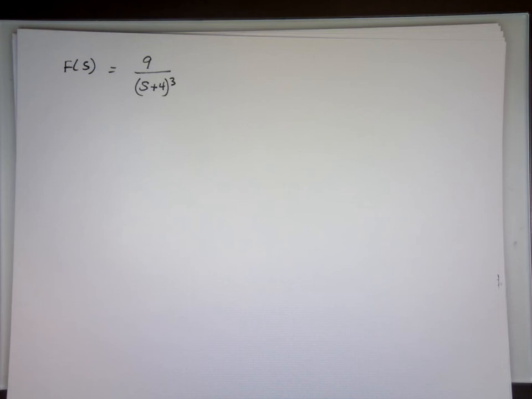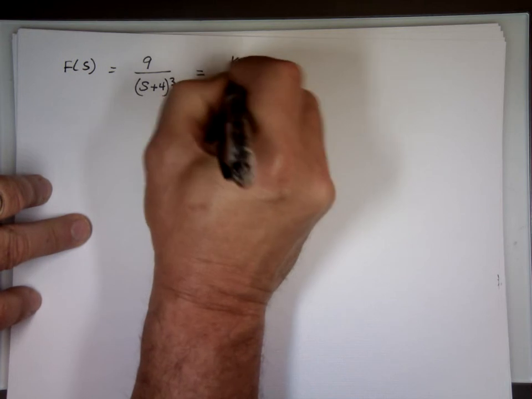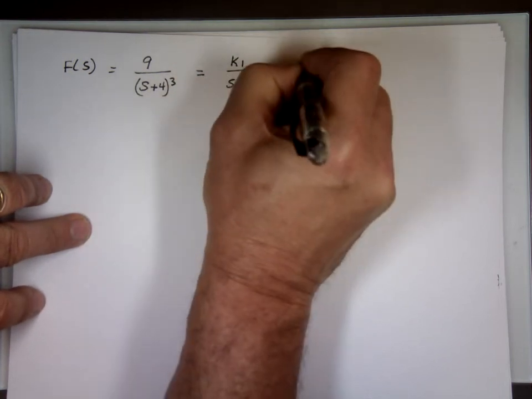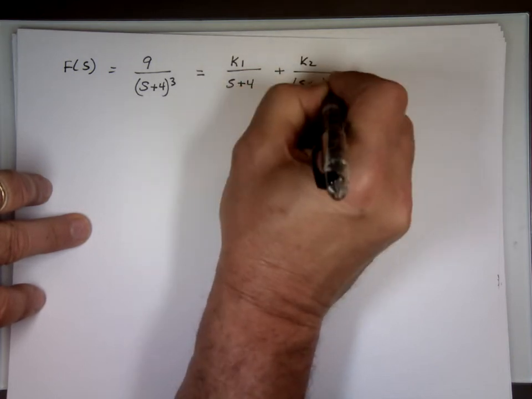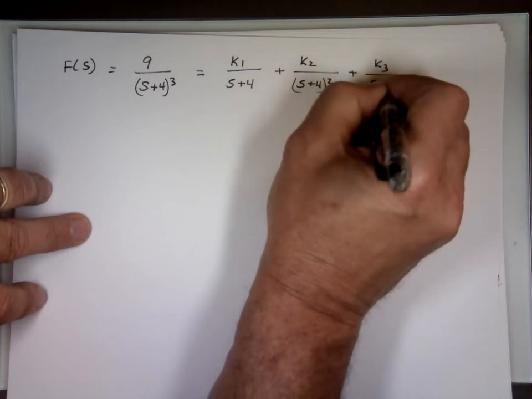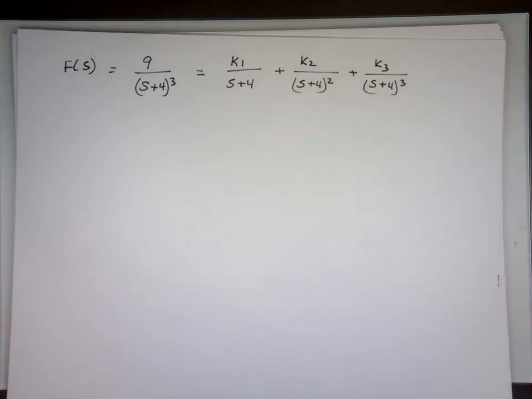I can write that as what? K1 over S plus 4, K2 over what? S plus 4 squared. And K3 over what? S plus 4 cubed. I'll start with K3, the 1 over S plus 4 cubed.